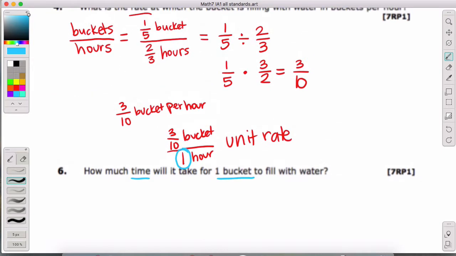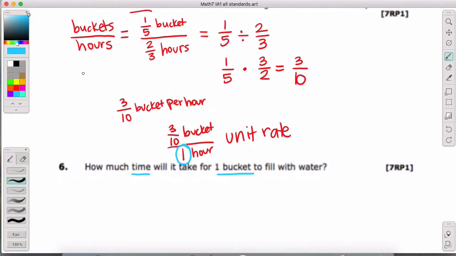Let me look up here. We had 1/5 of a bucket in 2/3 hours, but this time we want one bucket. So I'm actually going to put hours compared to buckets so that we can make buckets 1 and find out the number of hours.